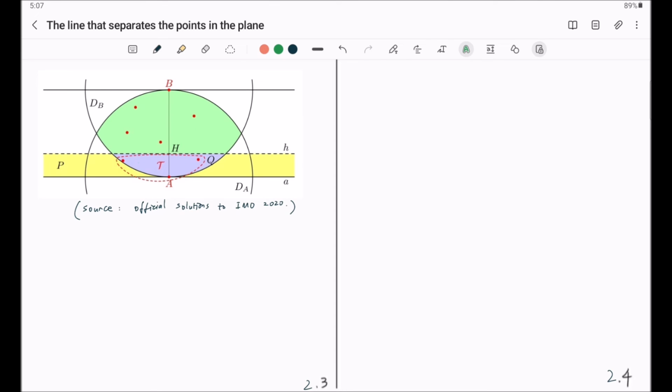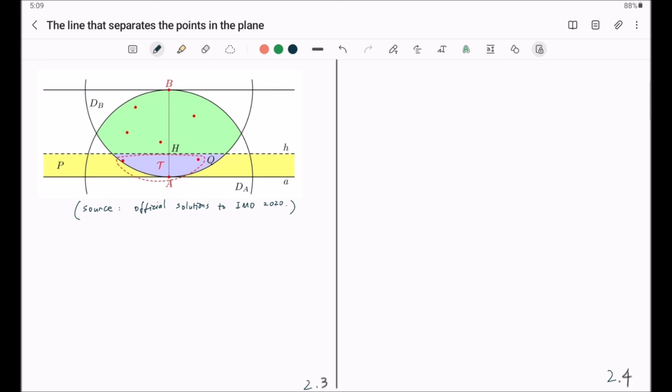The red dots denote the set S. And we found points A and B whose distance measures the maximum distance between points in S. And now we make 2 disks centered at A and B respectively with radius precisely equal to the distance between A and B. It follows that every red dot will be contained in the intersection of those 2 disks, because every red dot here will have distance to A and to B less than or equal to this maximum distance. So this is a picture.